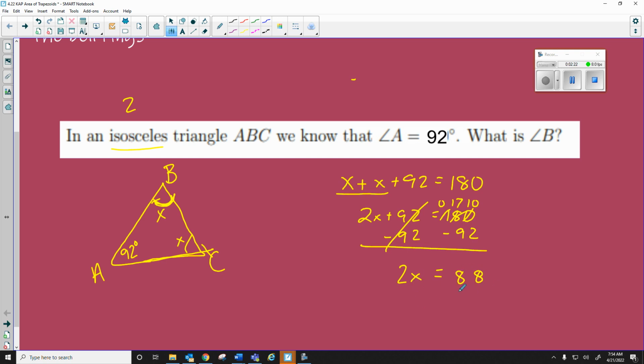Again, I need to split that, what's left of the 180, amongst the two angles that I'm figuring out. X is going to be equal to 44 degrees. So the measure of angle B is going to be 44. Again, C would also be 44. Together, that would make 180.